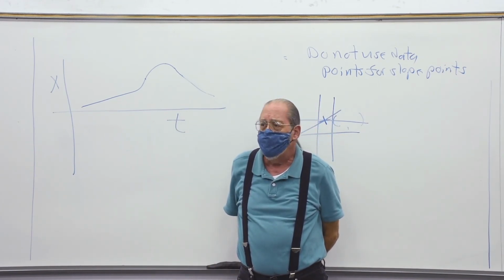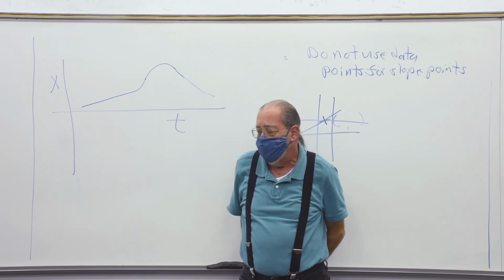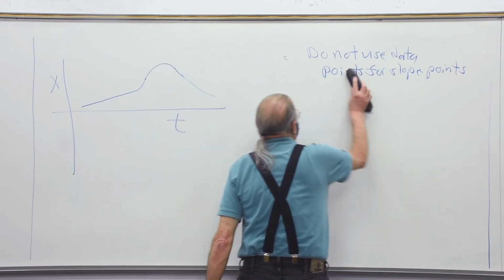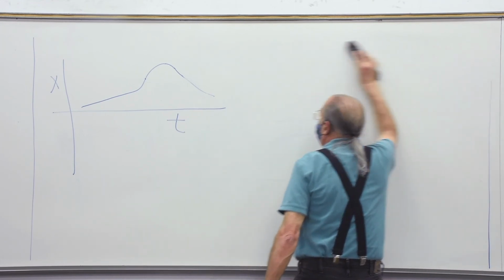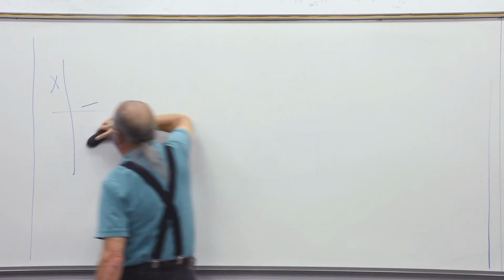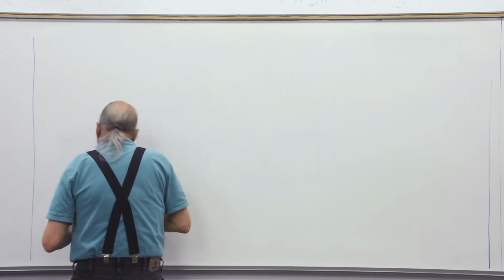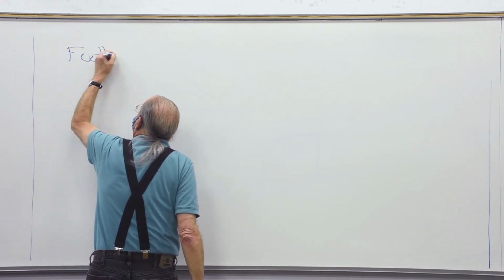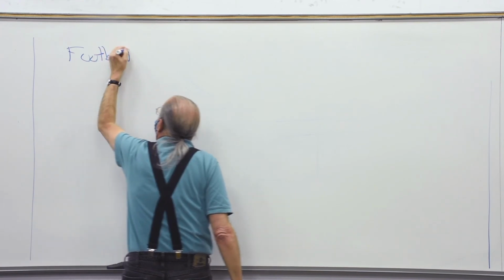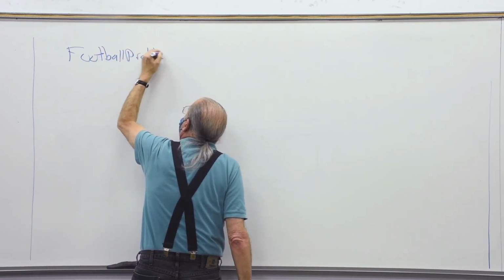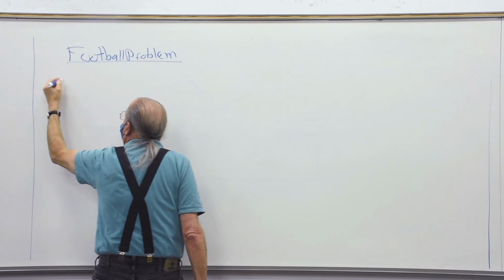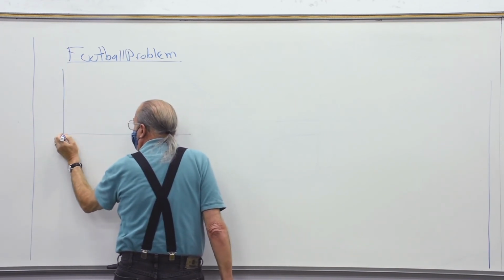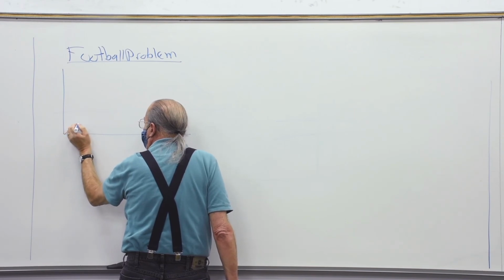So where were we? The football problem? We were doing the football problem. The key feature of the football problem is that the ball returns to the same height. In this case, we're told that a ball is kicked from the ground at some initial velocity.